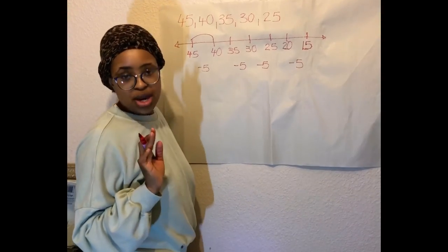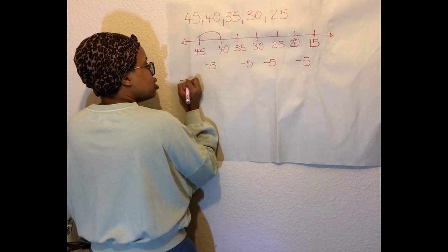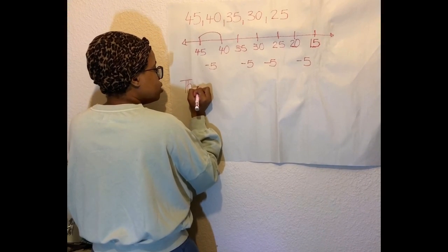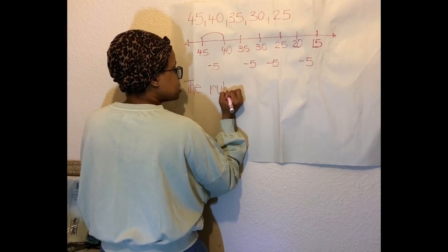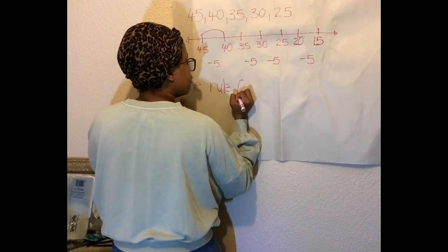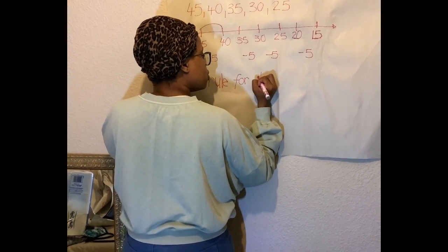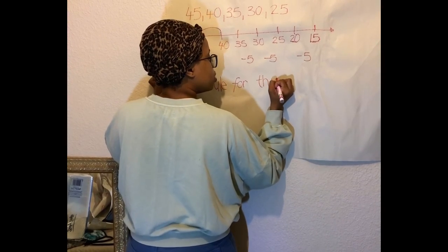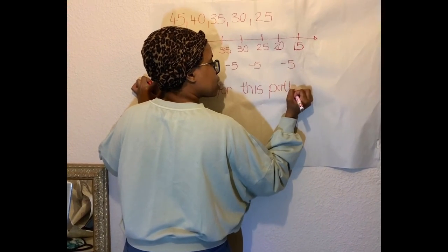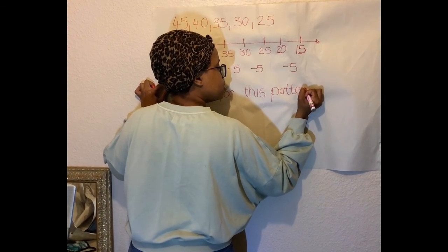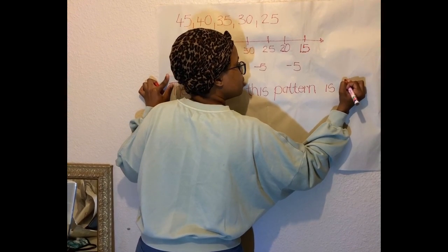So I said that we're going to write out the sentence. I want everybody to write out the sentence in their workbooks when I give you the worksheets. The rule for this pattern is 5.